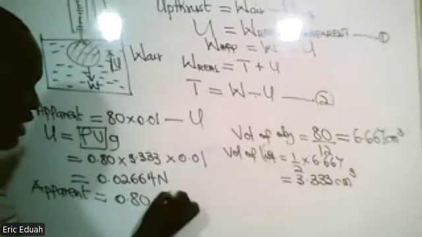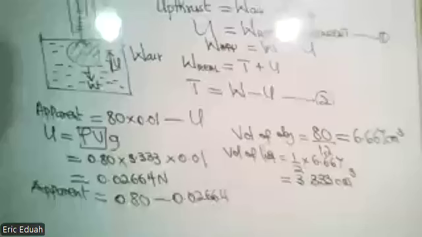Therefore, the apparent weight, or the weight of the object in fluid, would be equal to its weight in air, which is 0.80, minus 0.02664.